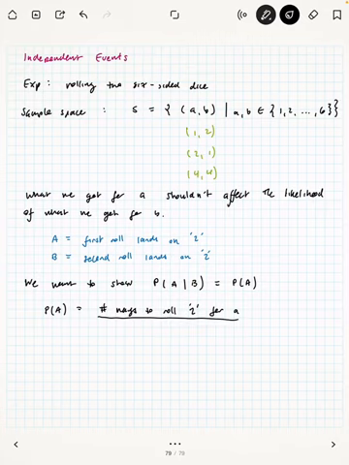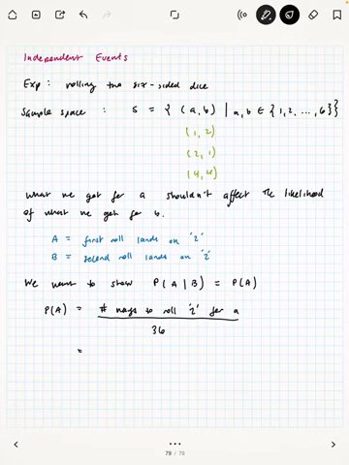Now, you can set up a little table if you'd like to determine the exact sample space for this set. But you could take my word for it for right now that there's going to be 6 possibilities for A and 6 possibilities for B, so there's 36 total possibilities.